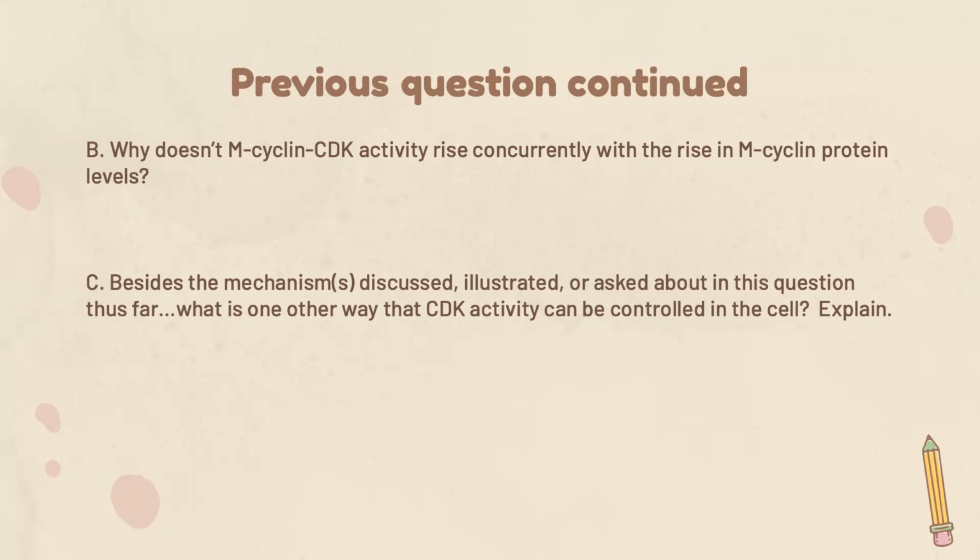The inhibitory phosphate has to be dephosphorylated and it has to be phosphorylated by CAK in order to become completely active.